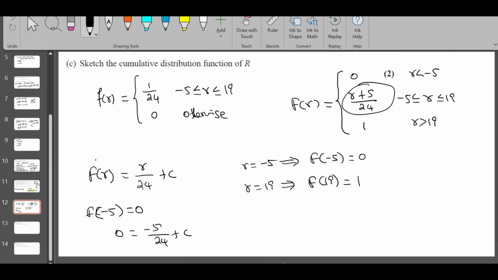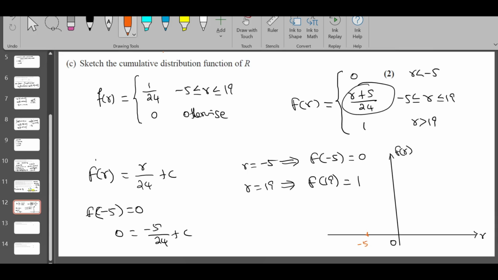So we need to sketch the cumulative distribution. This is small r, this is capital F of r. When r is minus 5, F of r is 0. So that's the x-intercept.